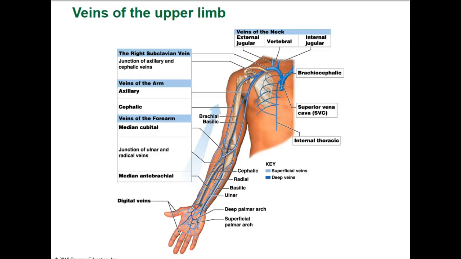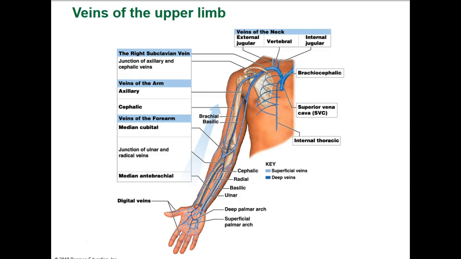Okay, so here's our diagram, our picture. We're starting at the digital veins and working our way backwards into the major ones, which are the median antebrachial, and we include the ulnar, basilic, radial, and cephalic. Then we have the junction of the ulnar and the radial veins.